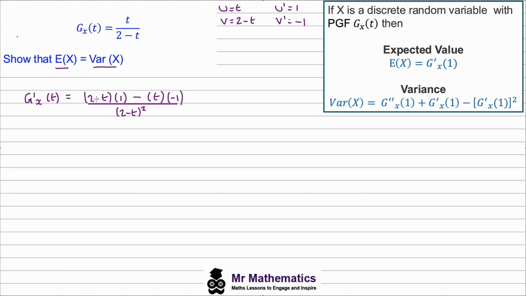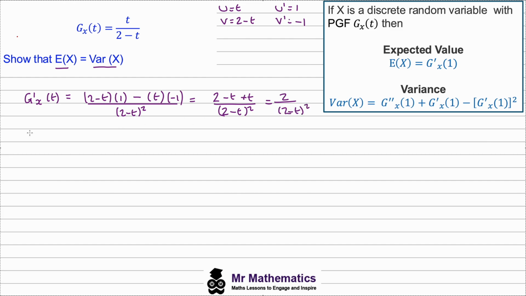We'll tidy up our numerator. So we've got 2 minus t, and then the minus the negative 1 will become positive 1, which will just give us positive t, over 2 minus t squared. And this simplifies to make 2 over 2 minus t all squared.